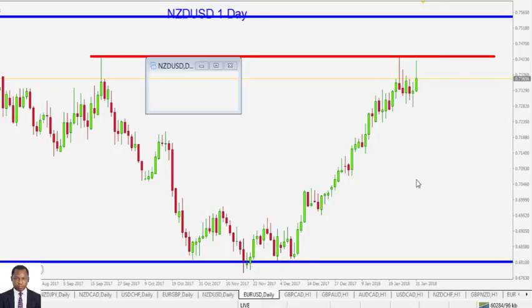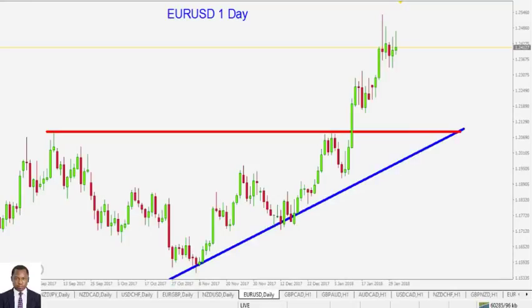And finally, the euro against the American dollar is showing some exhaustion in the daily time frame. We have got that hesitation there. This pair is still bullish, but for tomorrow we are likely to see a downward push to somewhere around in here. Let me just give it that level.